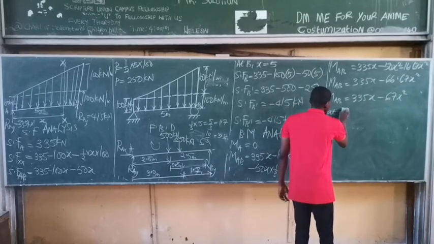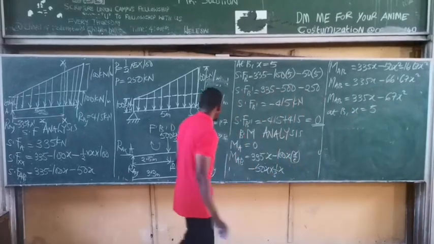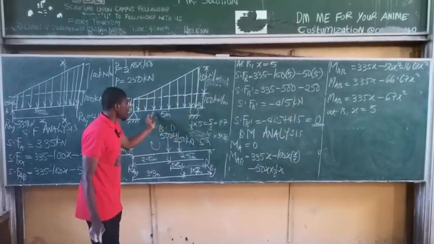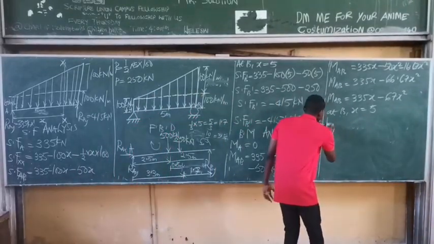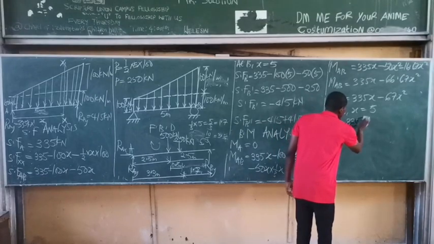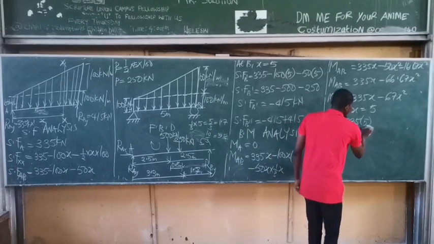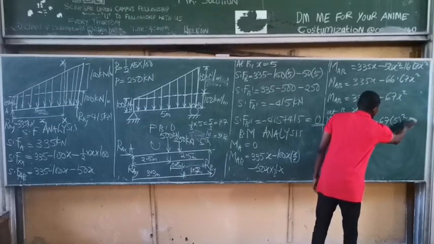Now at B, x is simply equal to what? 5, which is the entire length of the beam from A to B. X becomes 5 meters. Wherever you see x, put in the value as 5. So moment at B equals 335 times 5, minus 67 times 5 squared.